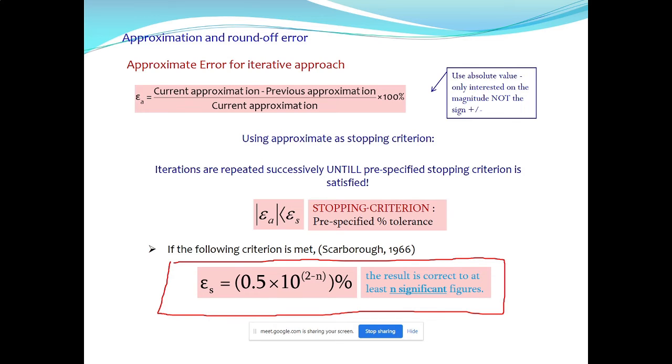ES we call it as a stopping criterion. Yes, stopping criterion. So what is the value of ES? This is your value. So N is your number of which order. Depend on how much order you want to stop lah. Okay, up to fifth order, letak sini 2 tolak 5.